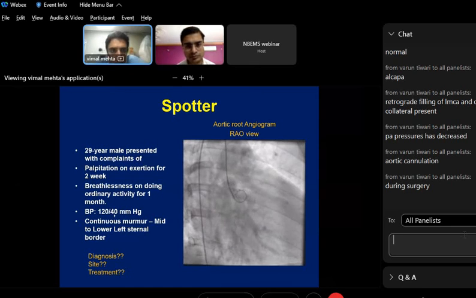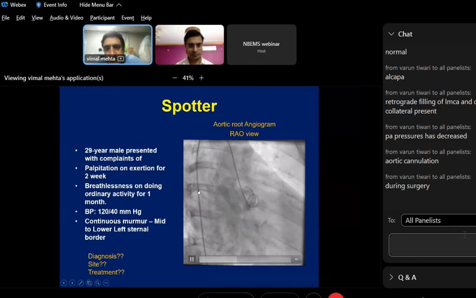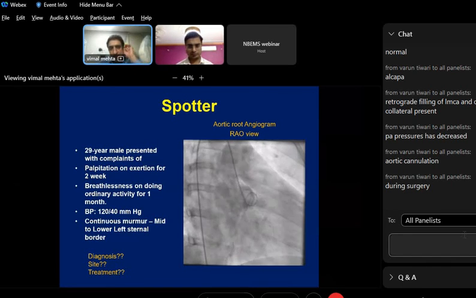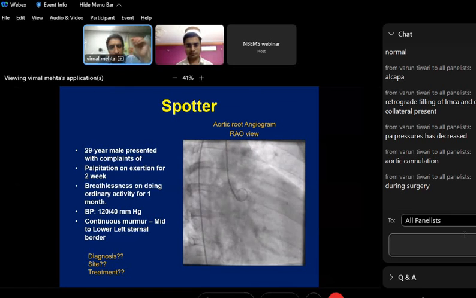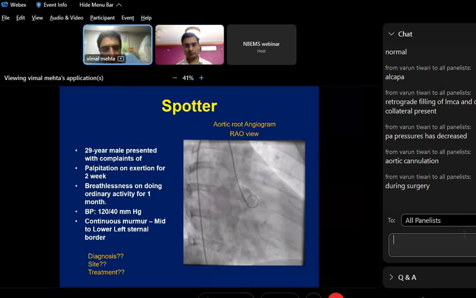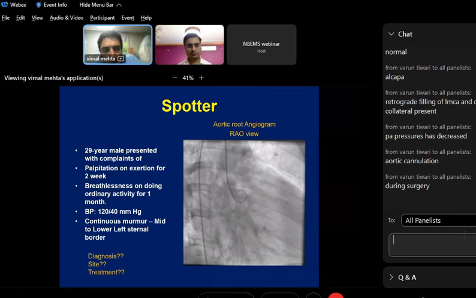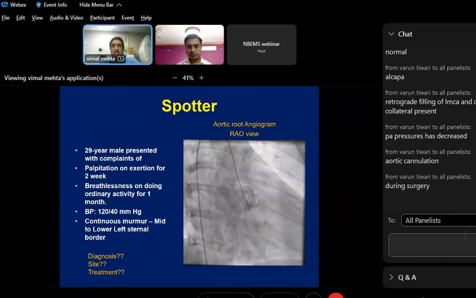And how do these patients present? Typically, acutely, or they present as a case with some sort of dyspnea lasting for maybe 2 years, 3 years. In general, they generally present as acute chest pain, acute heart failure.